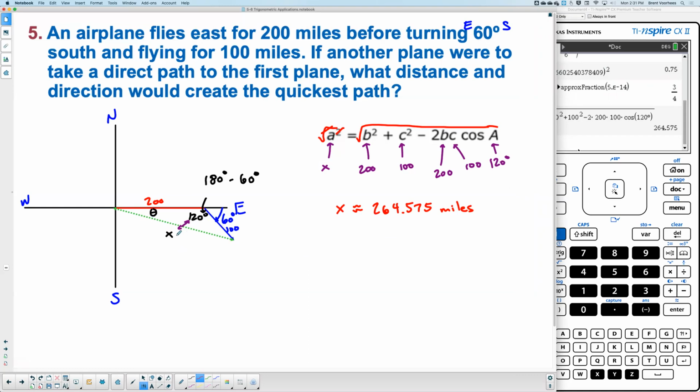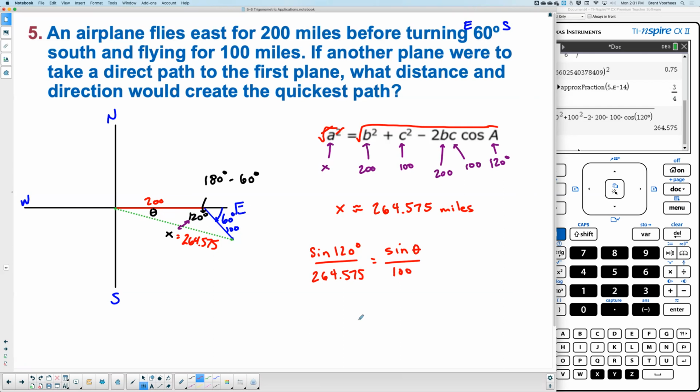And now that I know the distance, now that I've discovered this is 264.575, how could I find the angle that the airplane should travel on? I now can use law of sines because I have a set. So now we'll use the law of sines and say that sine of 120 degrees divided by our x, which is 264.575, should equal sine of theta divided by what side length is across from theta? 100.